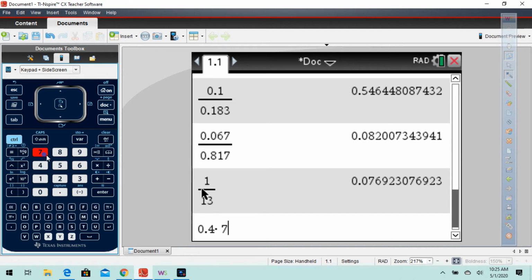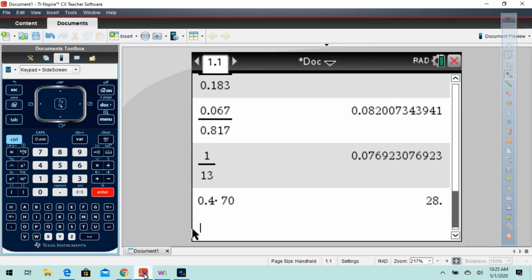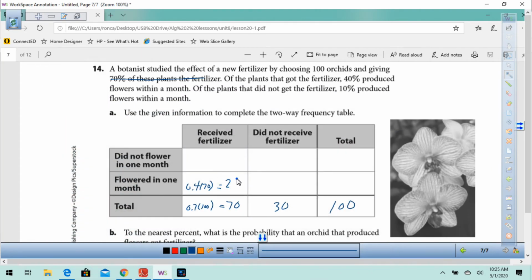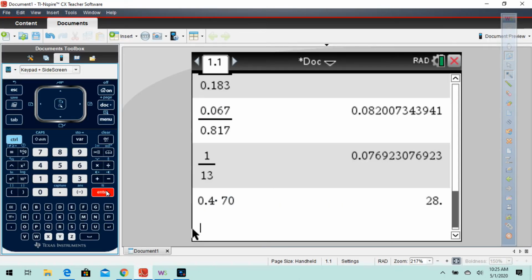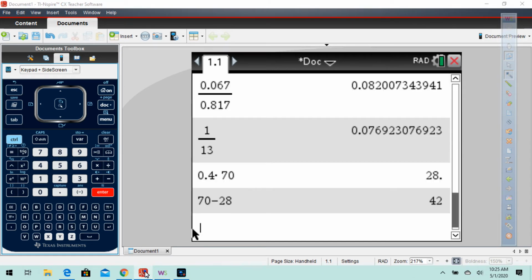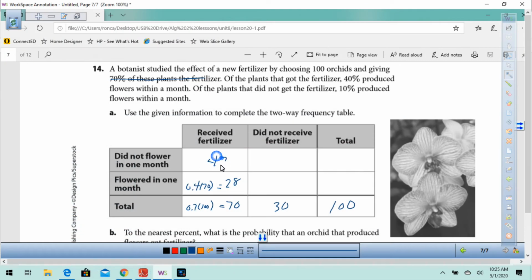That should be 28. So we got 28 here. All right. 70 minus 28 gives me 42. So I'm going to have 42 here. All right. So that covers that.